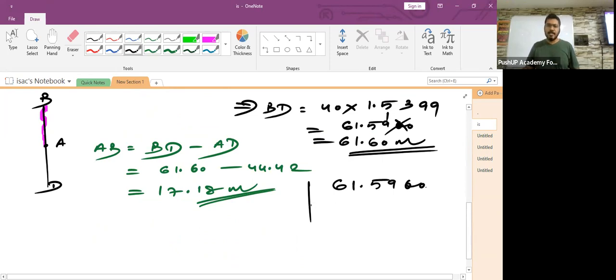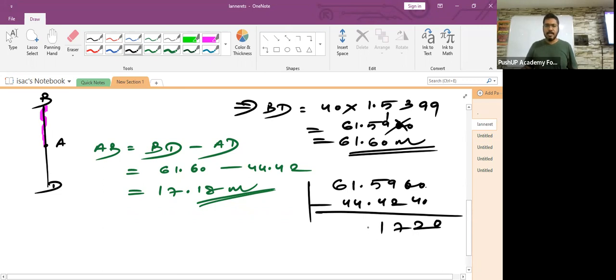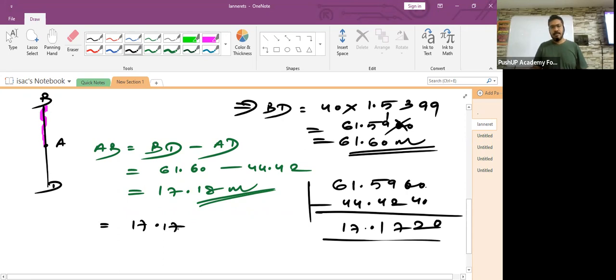Just write it as 5960, and how much was it? 44.42, right? So was it 4240? Let's do this. 0, 6 minus 4 is 2, 9 minus 2 is 7, and here it is 1. Then 61 minus 44 is how much? 17. So 17.1722. Yeah, so 17.17 meters.